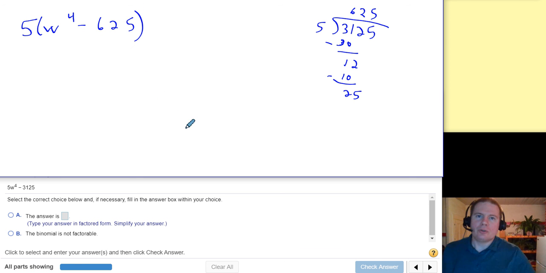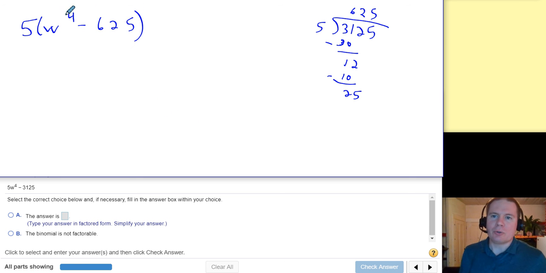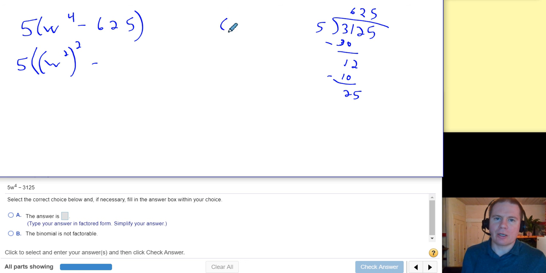Now, what they want you to notice here is that w to the 4th is a perfect square. Right? 2 times 2 is 4. So w squared squared is w to the 4th. 625 I recognize as 5 to the 4th power.